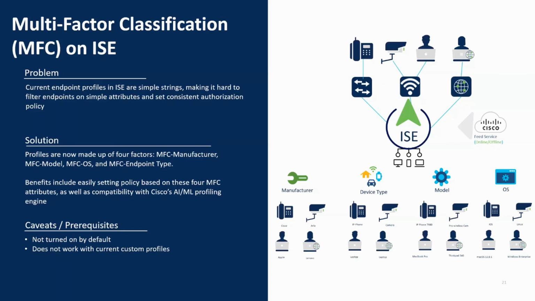So we can get all that information from it, and we can build our profiling policies or our authentication rules based upon those really specific and granular attributes that we're getting from this new multi-factor classification. I'm going to show you some of those multi-factor classifications in our demo, and they're actually really, really cool.